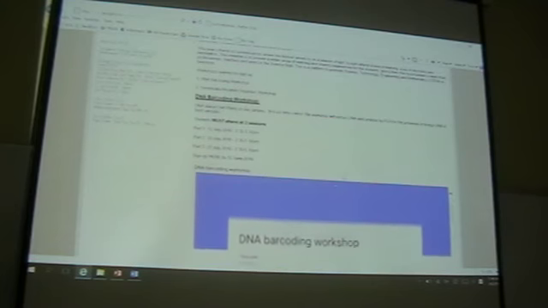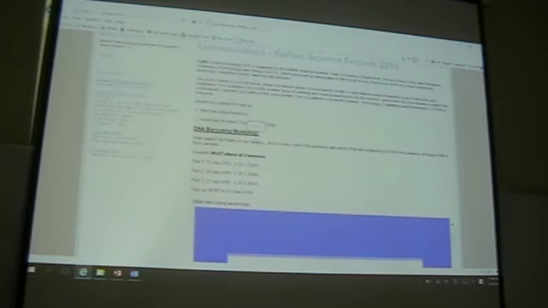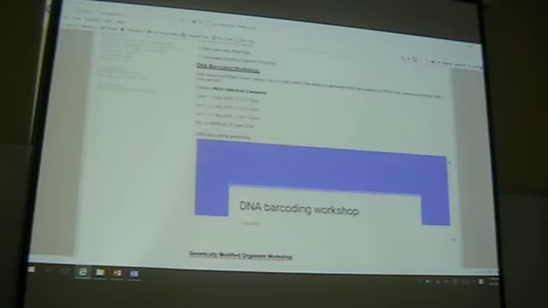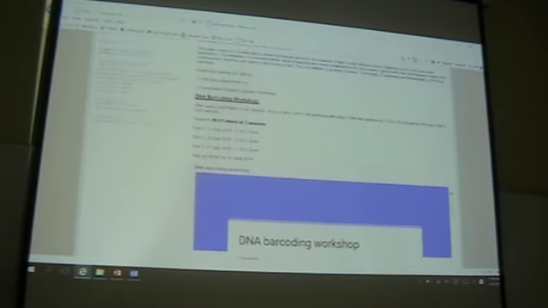A bit small, you can read on your own. The first workshop, you must attend all 3 sessions, on 13th, 20th, and 27th July afternoon. The first workshop is for you to find out whether there's any foreign DNA in your food sample using PCR.